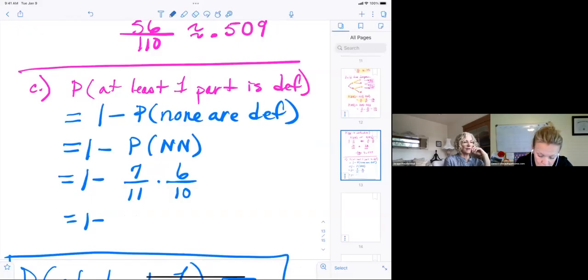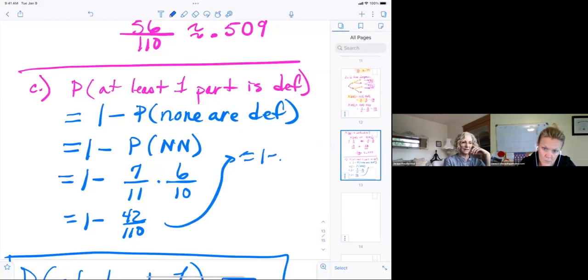Go ahead and multiply it out. 42 out of 110 is the fraction. Approximately, then we get 1 minus 0.382 just by taking the 42 out of 110, which gives us a probability of 0.618.